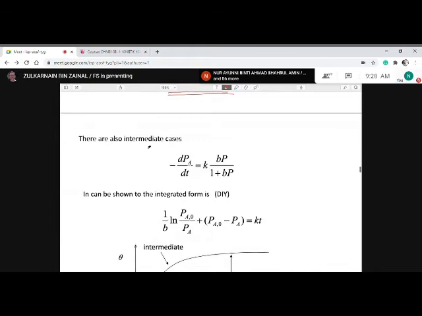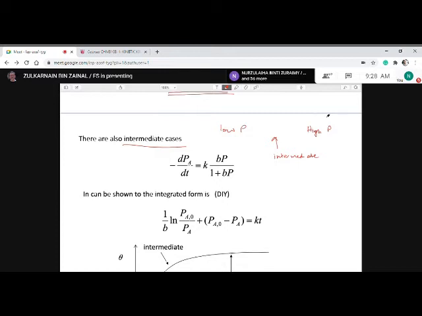All right, so there's also an intermediate case, meaning after the first order and before the zero order. So you have low pressure, you have high pressure, and then you have intermediate pressure.